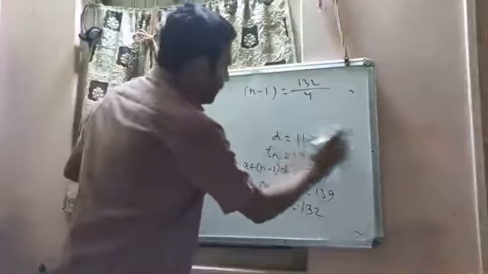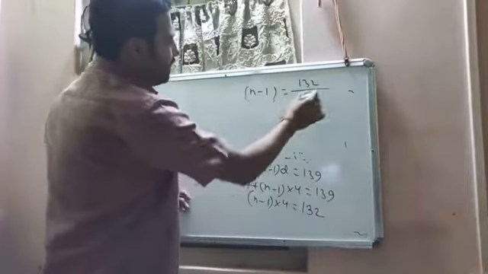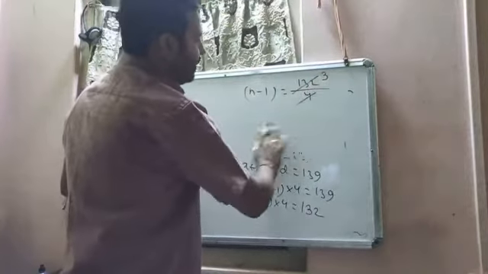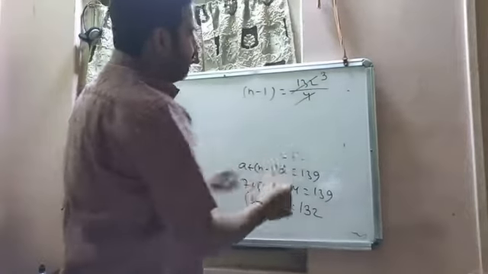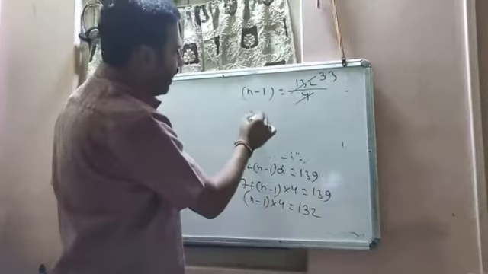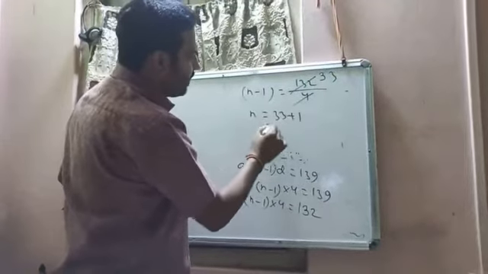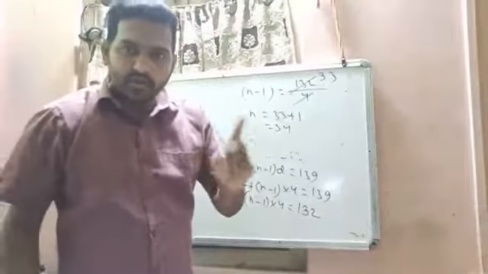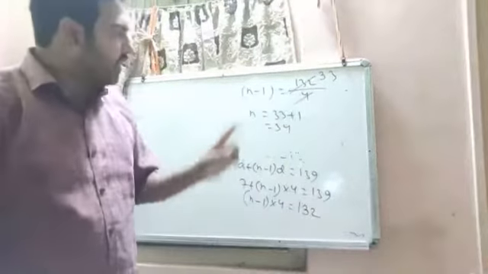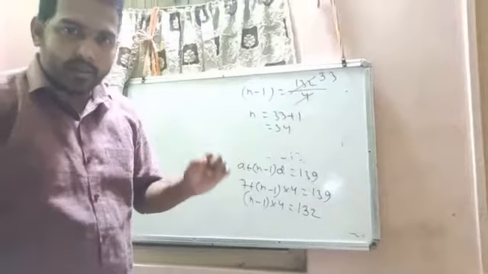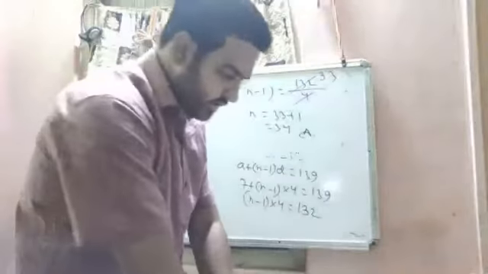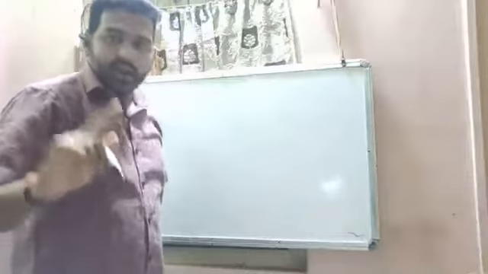So after division we can write 4 3s are 12, then 1 2, 4 3s are 12. So n is equal to 33 plus 1 is equal to 34. So we have found the number of terms prevailing in the AP. The number of terms is 34. Clear? Now let's move to another question.